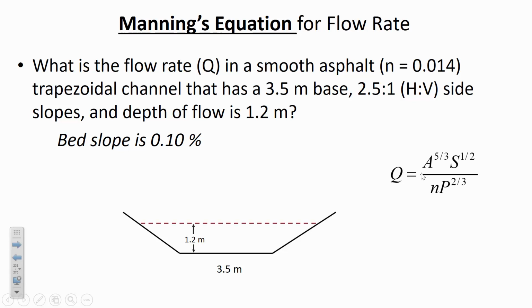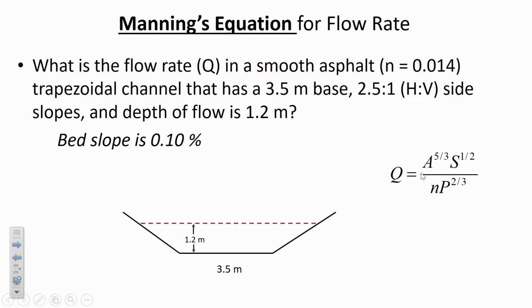This one's easy, though. What we've got is a trapezoidal channel where the bottom width is 3.5, the known depth is 1.2. The side slopes are defined as 2.5 to 1. And so what we know is that if it's 1.2 meters deep, that tells us how much extra top width we've got.